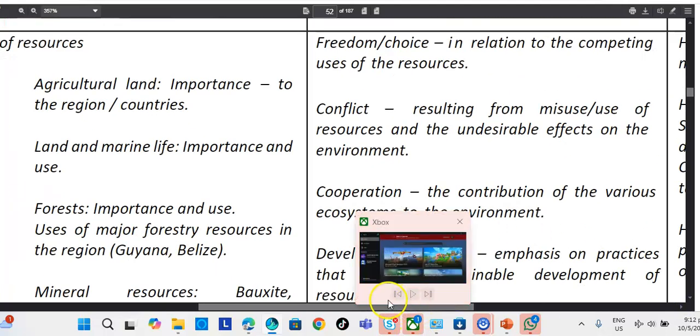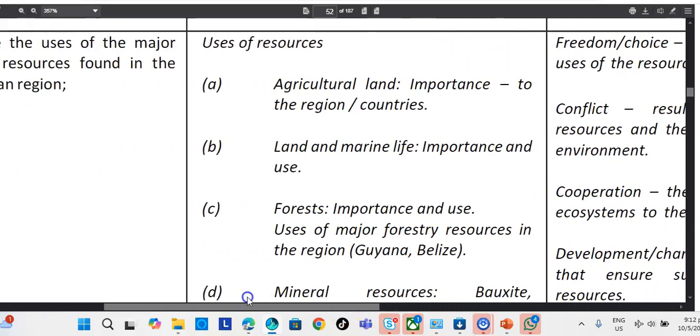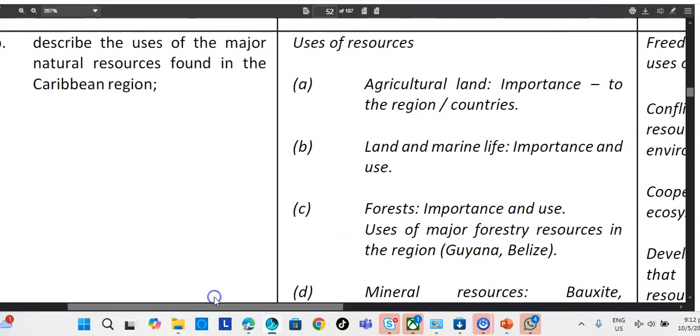We are at, let me see, describe the uses of the major natural resources found in the Caribbean. So what do we use agricultural land for, which is a renewable resource? We use land for farming, infrastructure. What else do we use land for?